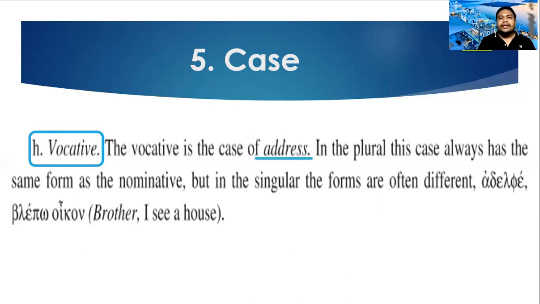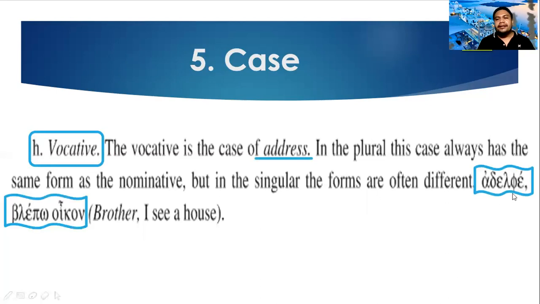In the plural, this case always has the same form as the nominative, but the singular forms are often different. An example here is adelphe blepo oikon. It means brother, I see a house.